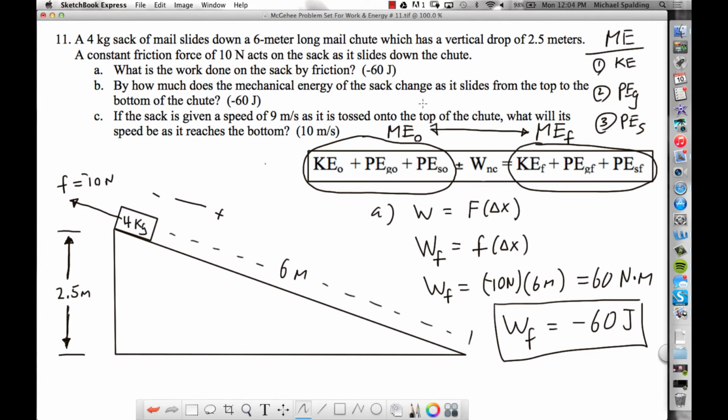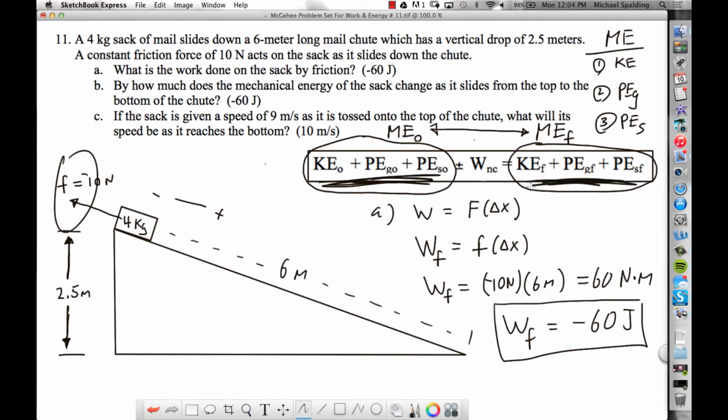Unless there's a force other than gravity or spring doing work. Do we have a force other than gravity or spring doing work? Yeah. We have a force other than gravity or spring, and what is that force? Friction.